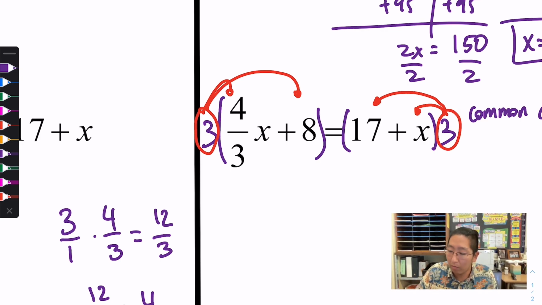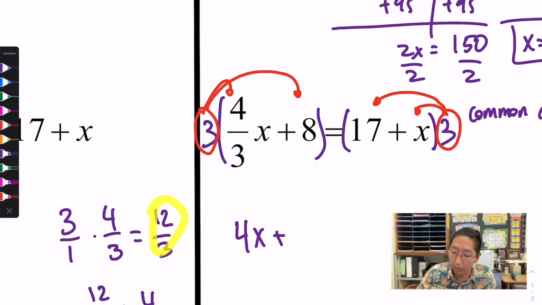So I'm going to go ahead and write 4x plus, right? So 3 times 4 thirds x is 4x. You can see the work right here. 3 over 1 times 4 over 3, you multiply across, you get 12. You multiply across, you get 3.